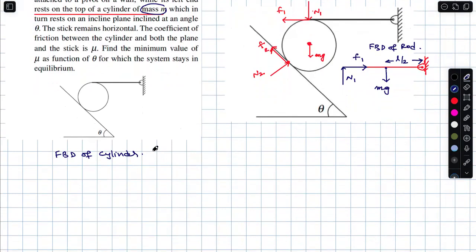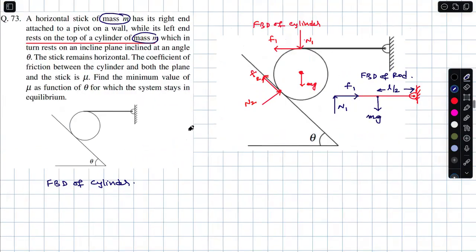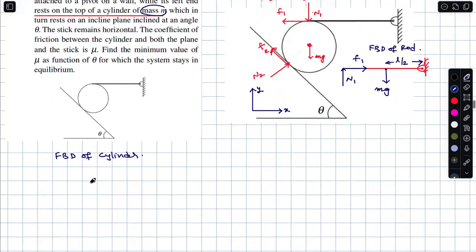Now you have two frictions, don't forget that. Again, we need to consider, for this purpose, it is better we take this as the x-axis and this one as the y-axis, right?